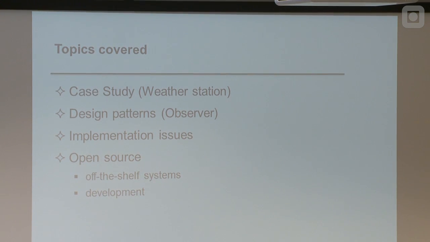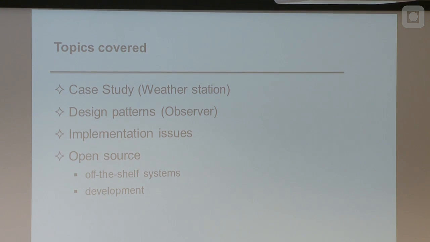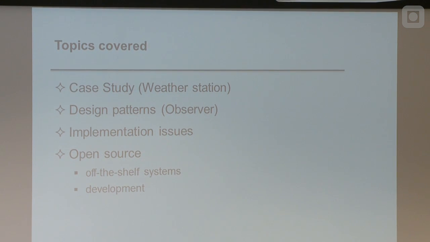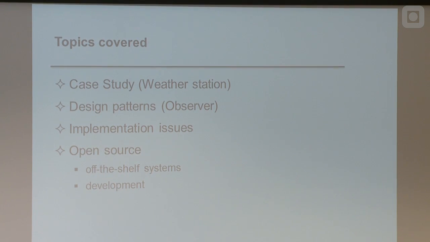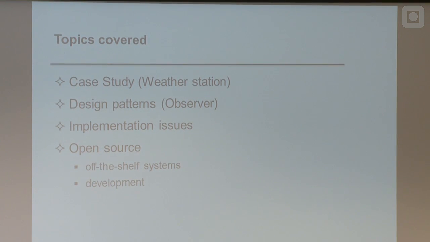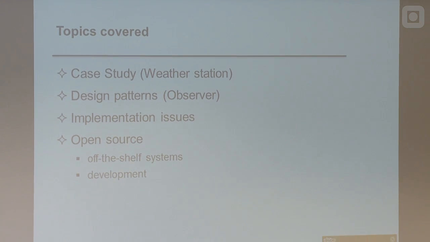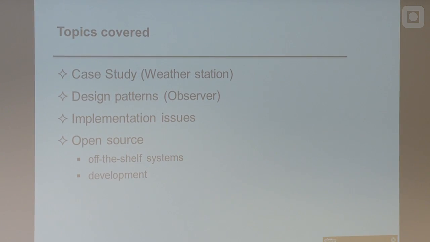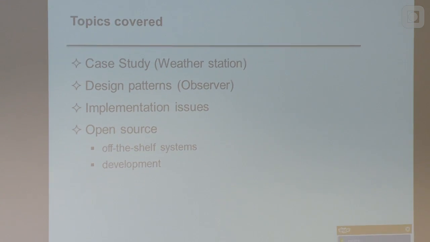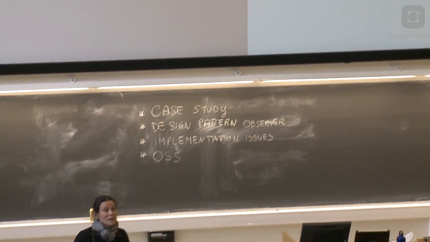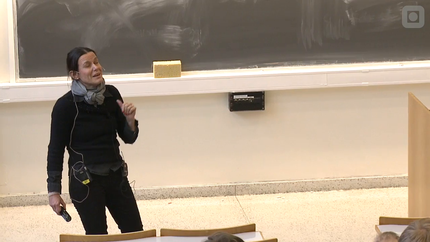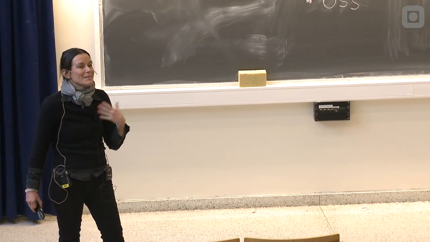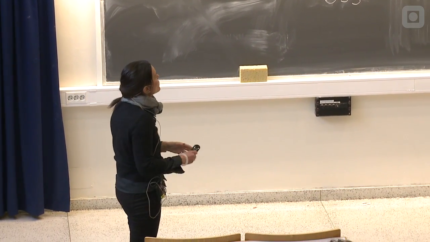If this distinction is still strange, please reflect on it, please try to understand why we look at the observer pattern today and not on Thursday. Because today we are looking into low-level design issues, and the observer pattern is something that is useful when we take decisions at the low-level design level, while the patterns we saw at the beginning of this week are important when we make architectural descriptions.